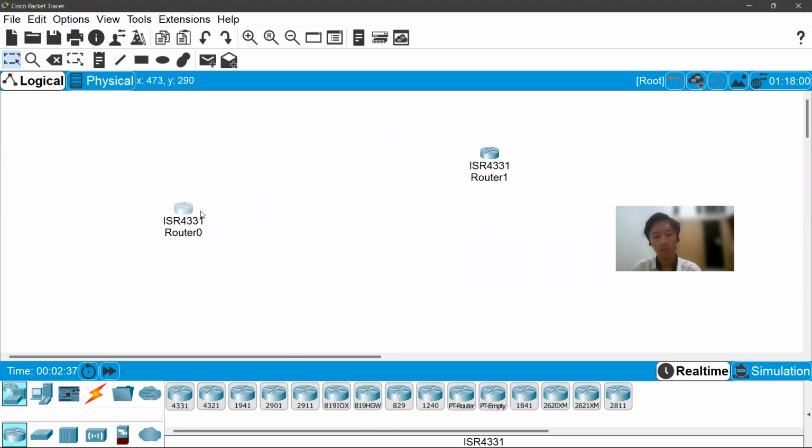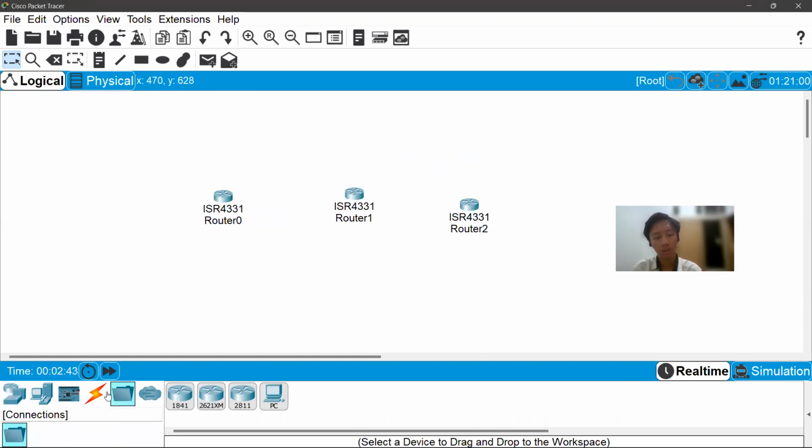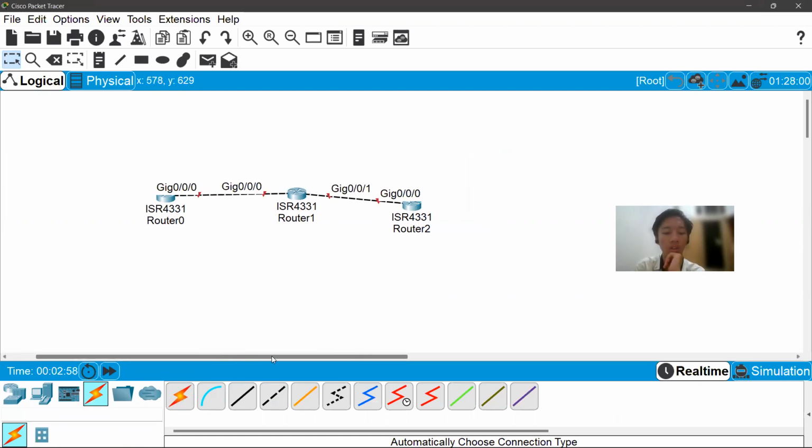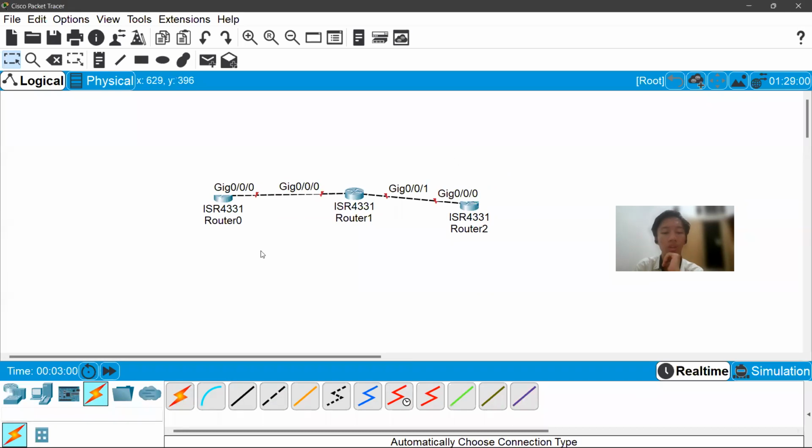For example, we have 3 routers, and the cable is this one. This is a difference between switch and router.